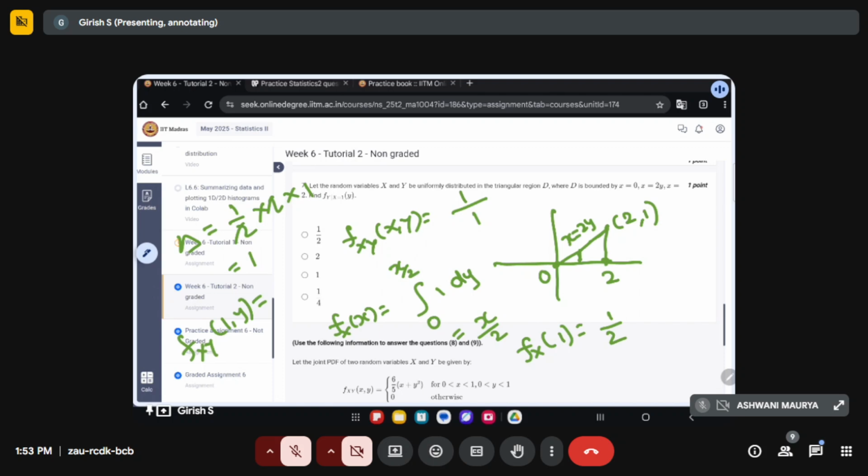If you put it, it will always be 1. Do you agree? See, whatever I substitute, this is giving me 1. So I'm just putting this. This will also give me 1, right?